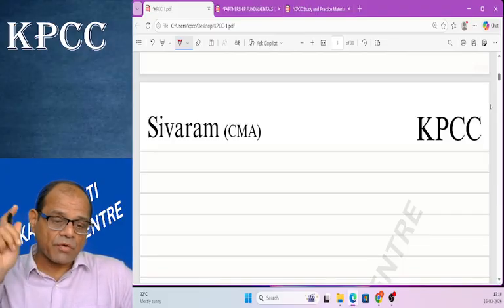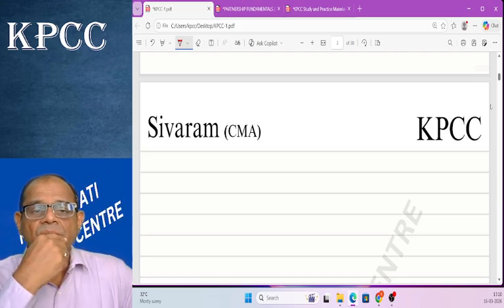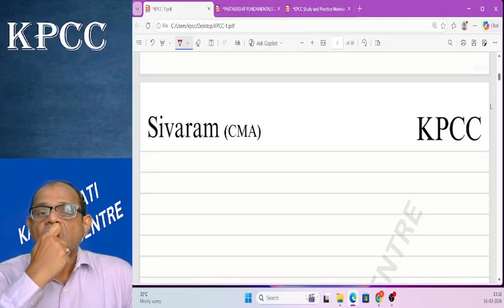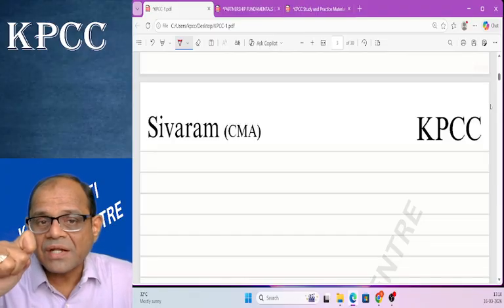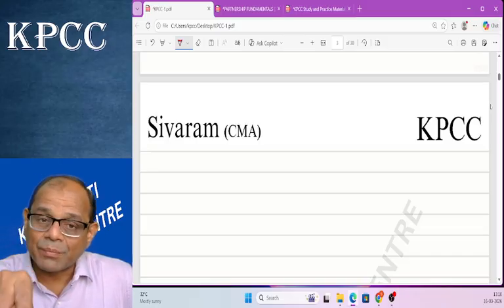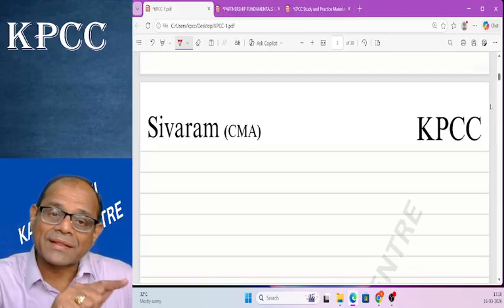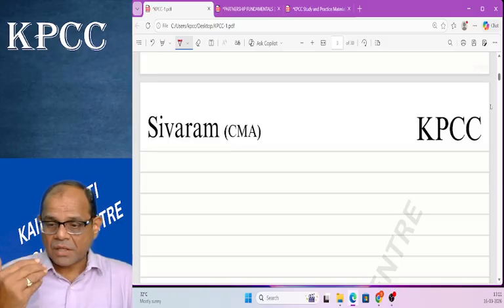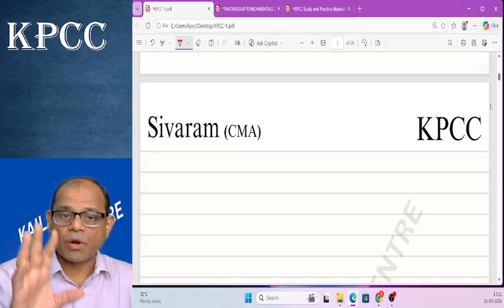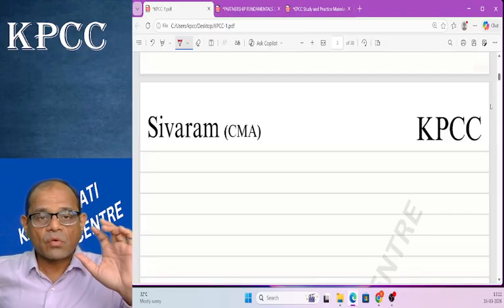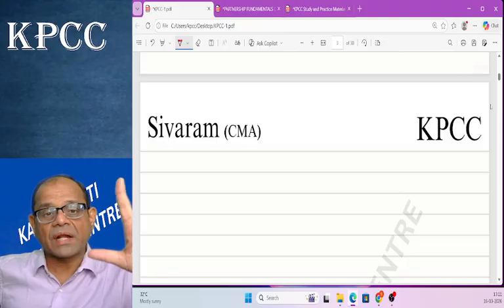Now guarantee of profits is quite easy, my dears. Here, while preparing the appropriation account, one partner might have been given a guaranteed amount of income from the business, by the other partners. They will tell him that he will get this much minimum profit. For example, A, B, C are 3 partners. Now C was given a guaranteed profit of 30,000.